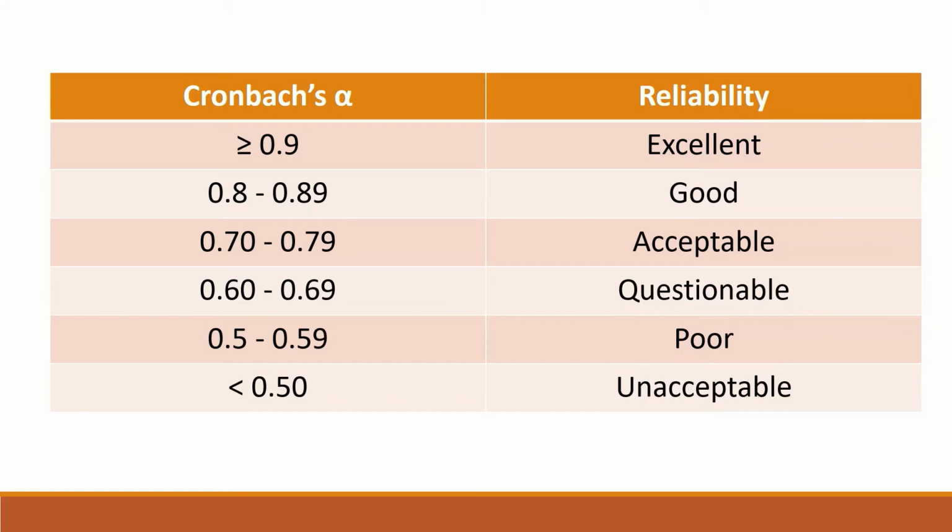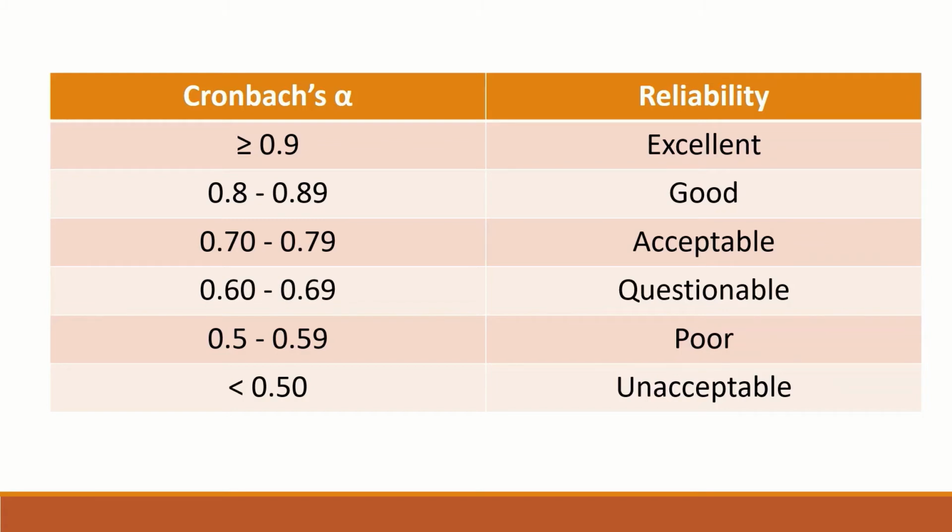A test with an alpha range of 0.7 to 0.79 will have an acceptable reliability, and a questionable reliability of a test will have a range of alpha between 0.6 and 0.69, and an alpha range between 0.5 and 0.59 will have a poor reliability.